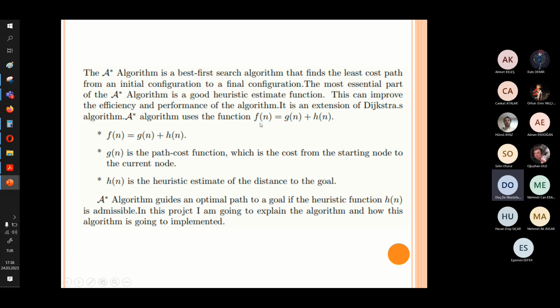It uses a function f(n), and that evaluation function is f(n) = g(n) + h(n). g(n) is the path cost function, which is the cost from the starting node to the current node. We will be talking about h(n) later. And g(n) is the actual cost coming from the source to the current node.